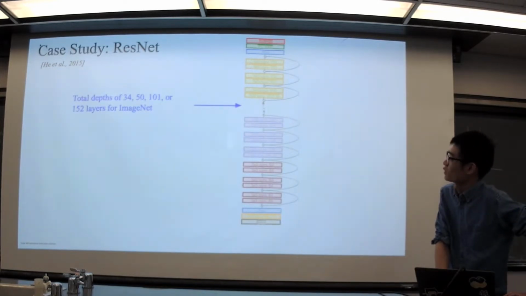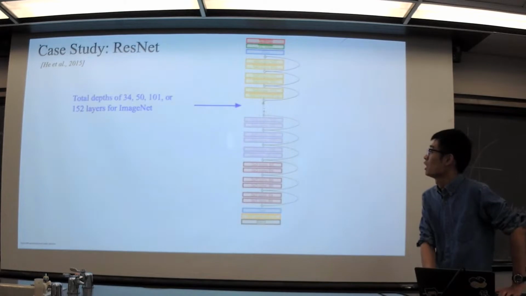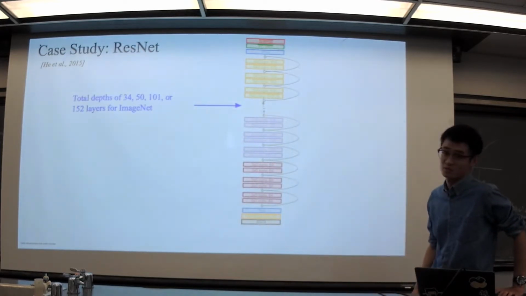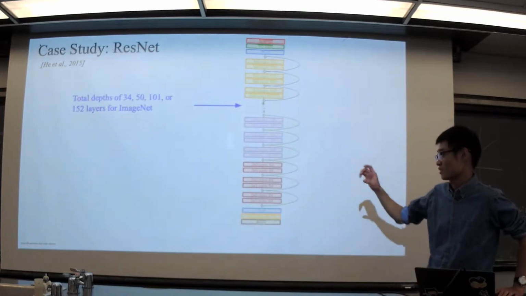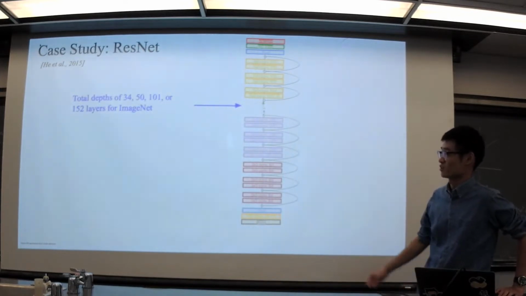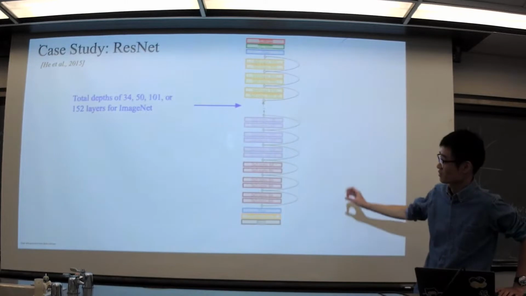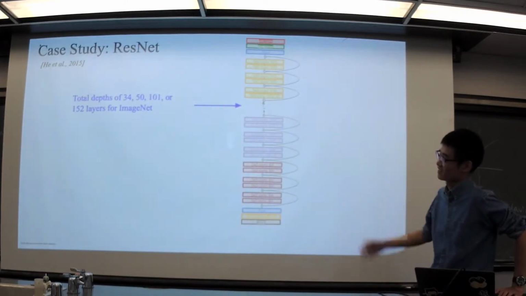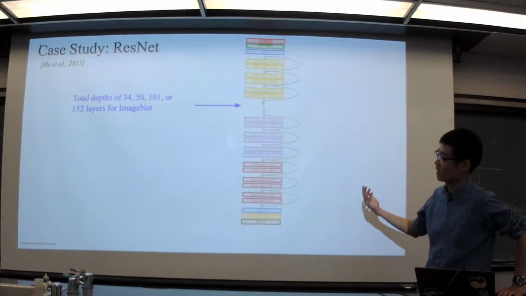ResNet 50, or someone calls it 52. You have a lot of options if you choose ResNet. We have some shallow networks called ResNet 34 with only 34 layers. Of course, we have some deeper ones, like 50, 101, or 152.